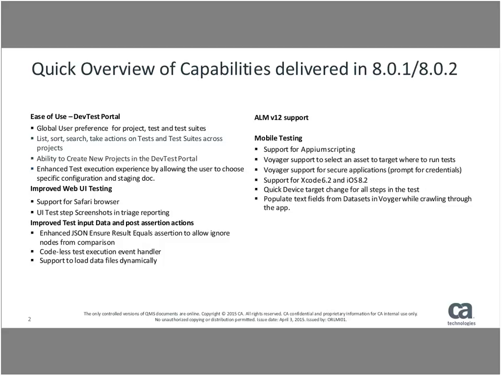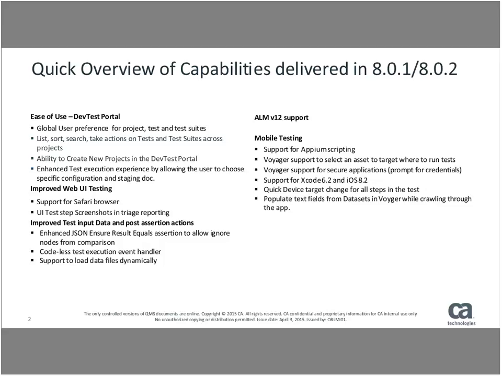With this release, we gave this ability, so that as an administrator or test owner, you can set up different configurations against different environments, and then when the user comes onto the portal and wants to execute the test case, they can choose which environment to execute against by selecting a particular configuration. And through the staging docs, you can also choose whether you want to run it for performance or load testing as well. So those are major enhancements from our portal perspective.